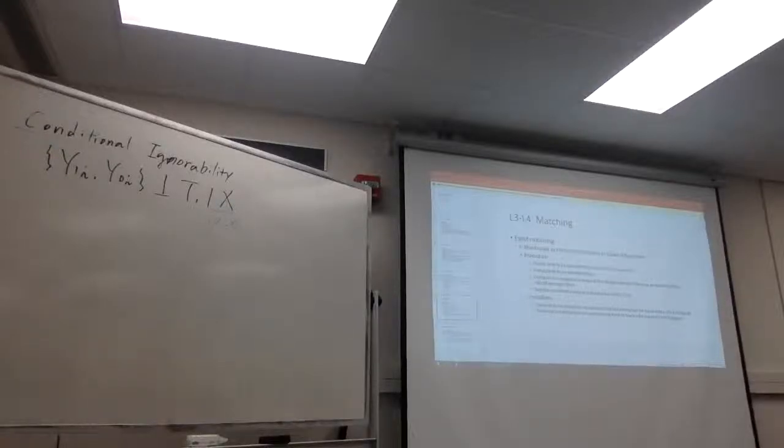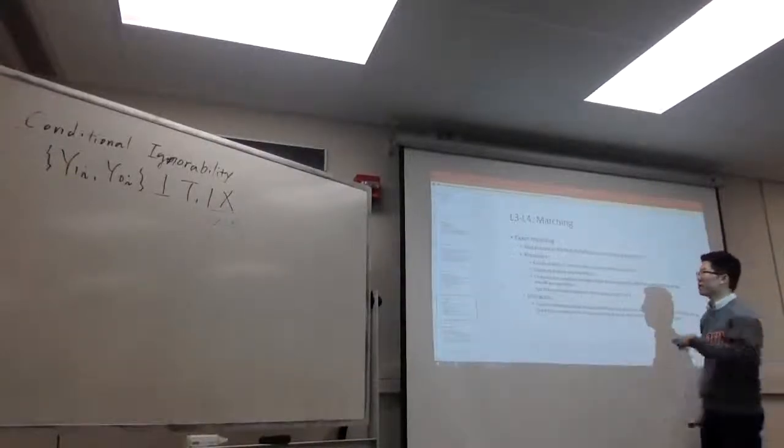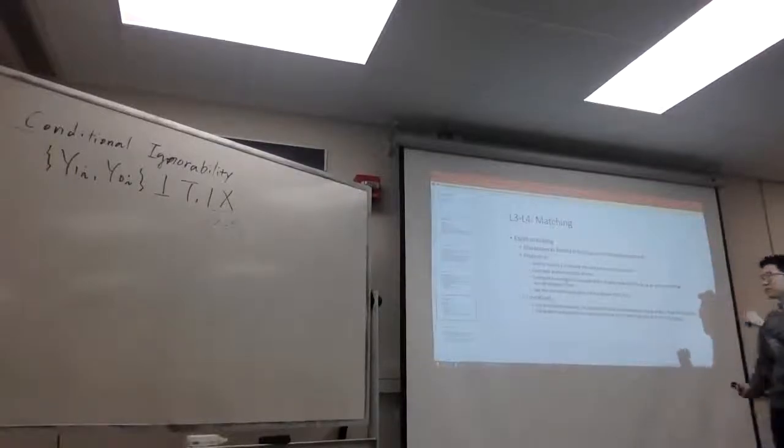So as I was saying, exact matching is also known as perfect stratification or direct adjustment. Okay. The procedure here is basically explained in the previous example, so I won't repeat that.